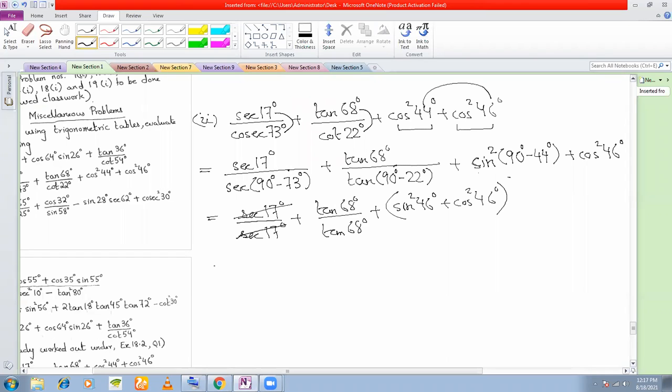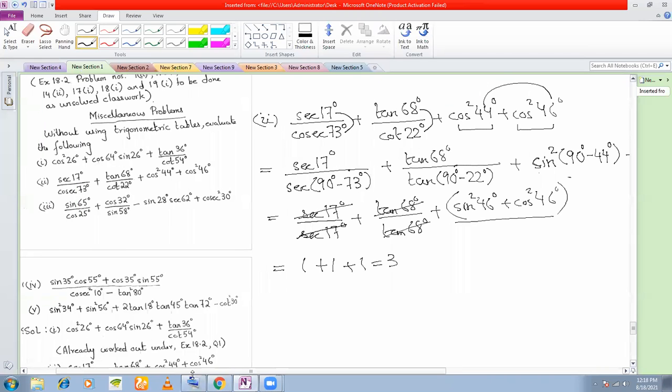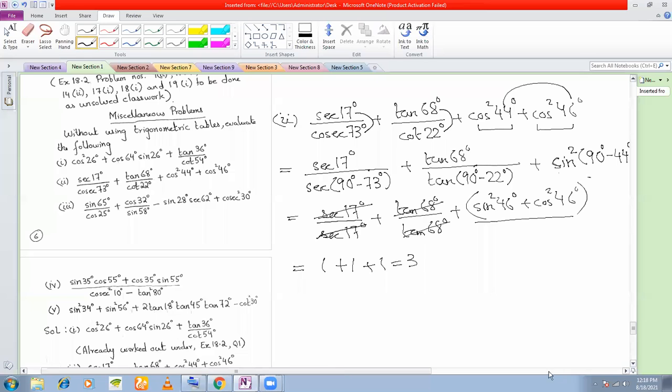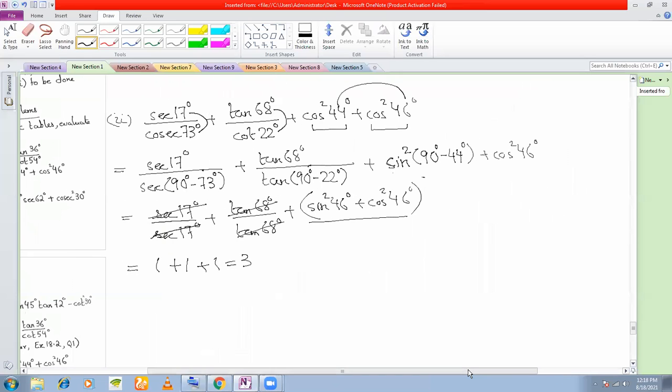Sec 17 and sec 17 cancel here to give you 1, plus these two also cancel to give you 1, and the value of this is 1. So this gives you 3, and that is your answer. Is this clear? Or any question you have? No, sir, no question. Then I'll stop here.